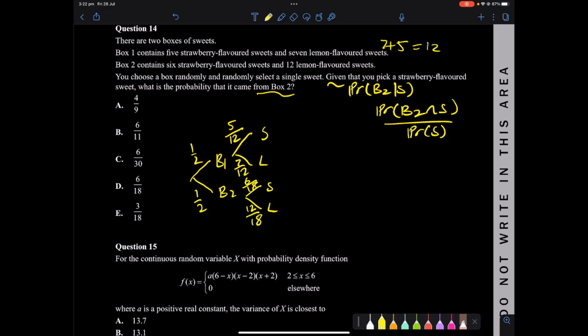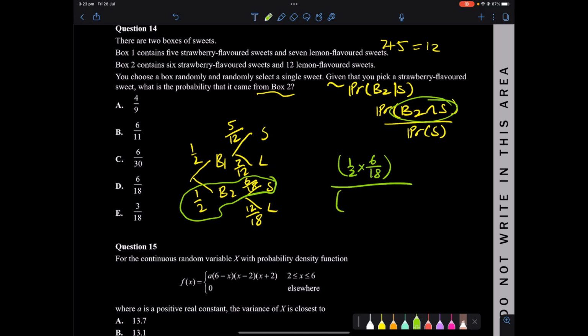We want to find B2 intersection S, which is this one over here. So we're going to say half times 6 on 18, all over the probability of S, which is half times 5 over 12 plus half times 6 over 18.